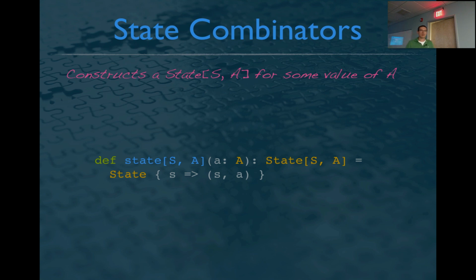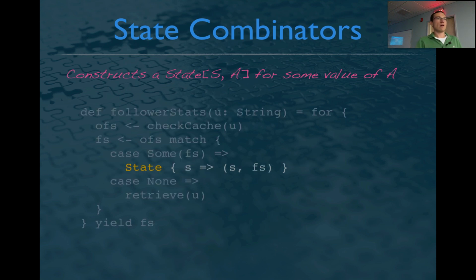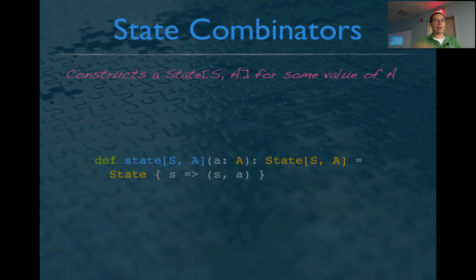Let's have this method called state that basically says, given some value a, let's lift it into a state of SA. Same exact code between two slides, right? All we've done between this slide and that slide is wrap that inner thing into a method called state, and we parameterized the value type, right? Make sense?